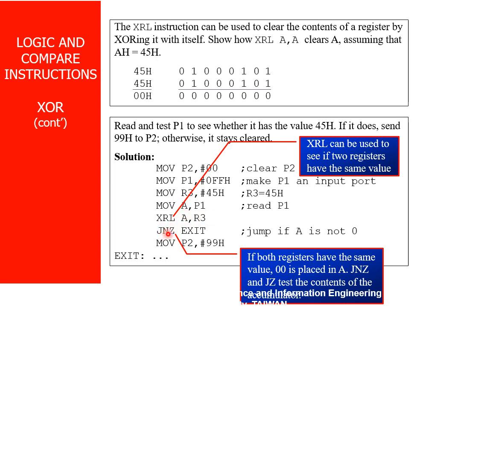So if it is the same, you want to send 99 to P2. If they are not the same, A register will not be 0. In that case you are going to exit, meaning you will not perform this instruction. So this is an indirect method to check whether the data in P1 is 45 or not.